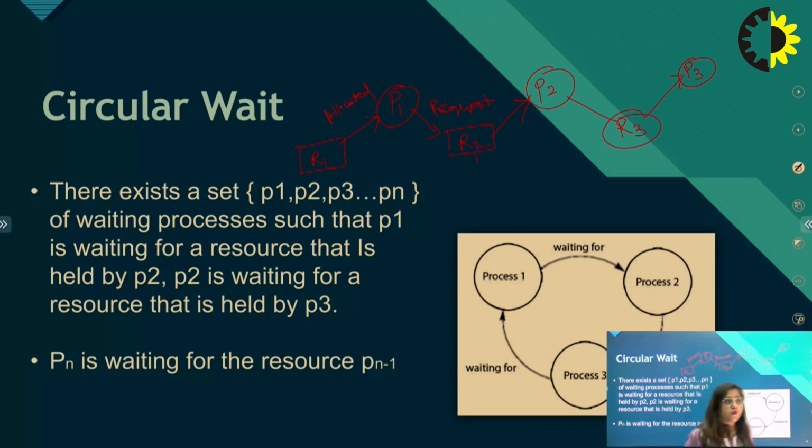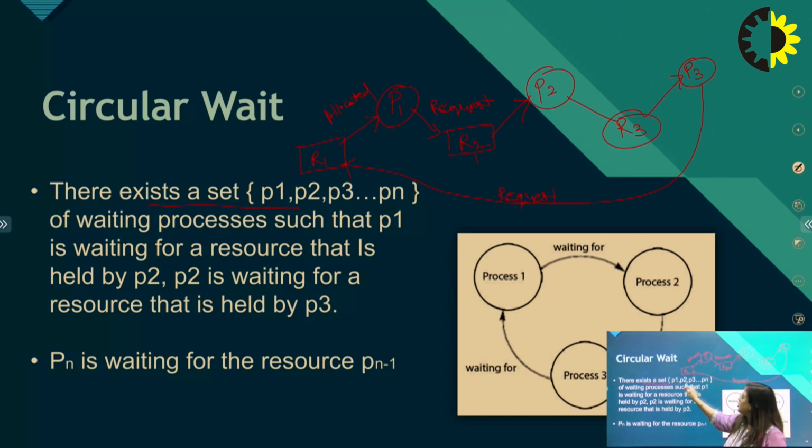But if P3 requests R1, at that time the circular wait condition occurs. It means no process executes and all processes are in a blocked situation. This scenario is called a circular wait.